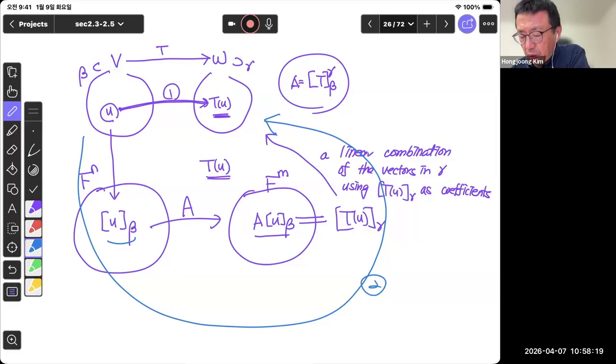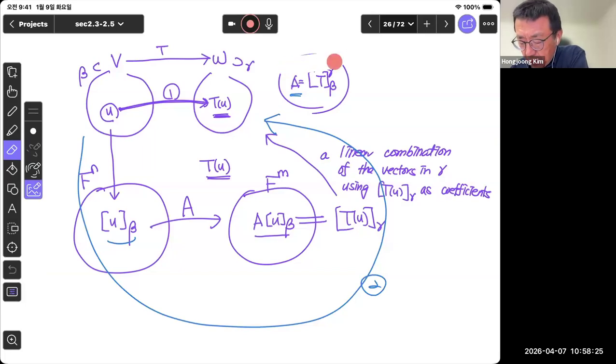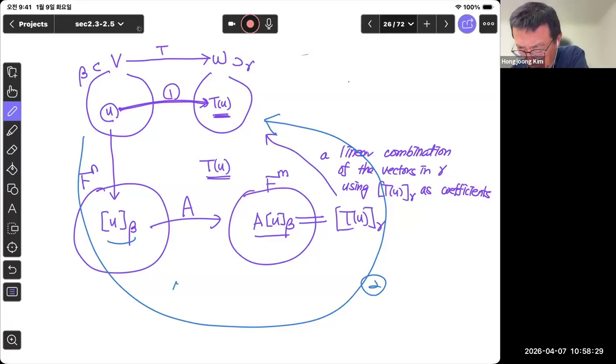Of course, you need to calculate the matrix A. So let me write down this A matrix here. So A is the matrix representing this linear transformation when beta and gamma are used as basis. You can find this.